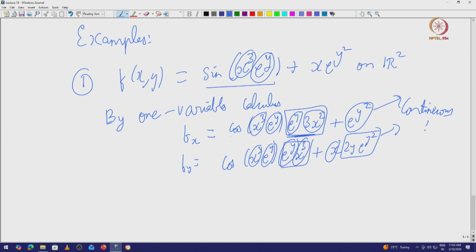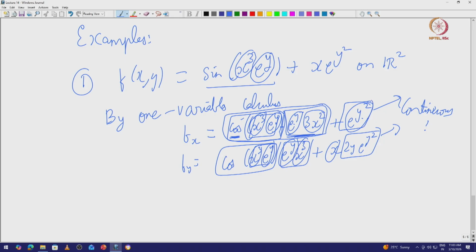Now a composition of a continuous function, cosine is continuous, with a continuous function. This is also continuous because products are continuous. So composition of continuous and continuous is continuous. So this is continuous. So product of these two continuous functions is continuous. And when you add continuous functions, you get something that is continuous. So the addition of this continuous function with this one is continuous.